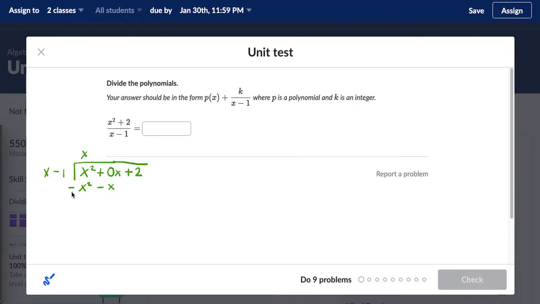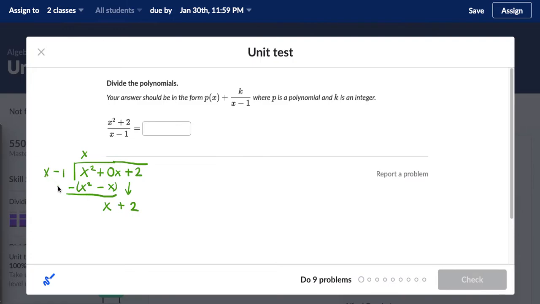Okay, now we can proceed. So we're going to subtract right here, and we get 0x minus negative x, which of course is positive x, and we bring down the rest of the expression. So x plus 2 is what we're left with now.